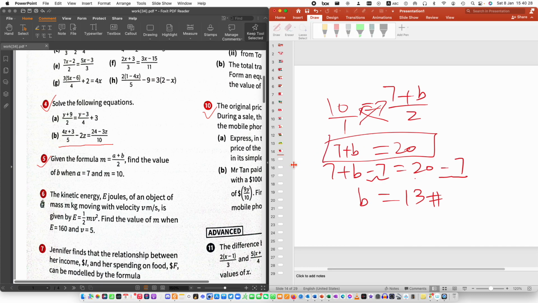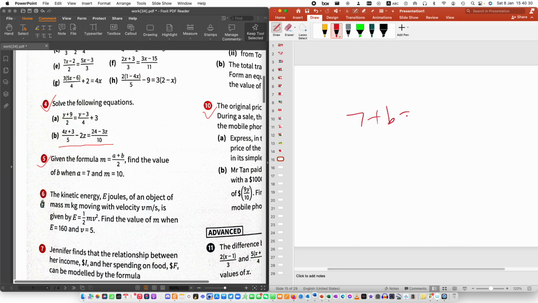If you don't want to use your brother method, how do you continue from here? I'm going to show you. Give yourself a simple example: 1 plus 2 equals 3. Your B is your 2. How do you get 2? 2 is equal to 3 minus 1, right? So similarly, B is equal to 20 minus 7.